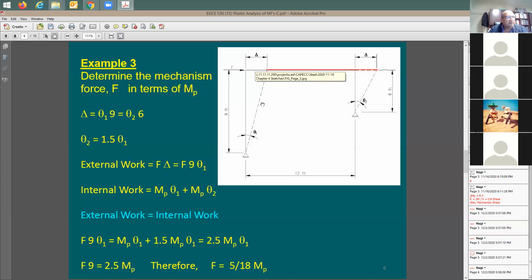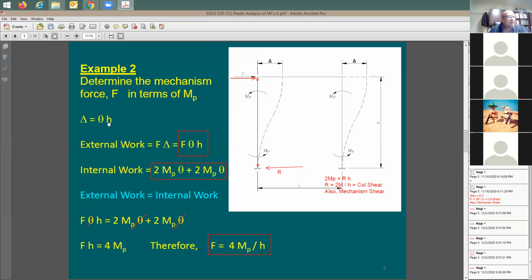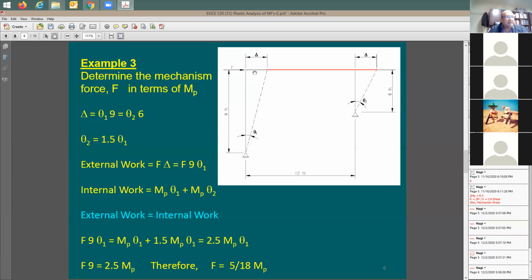This delta here, as we said in the past, is going to be equal to theta times h. So this delta is going to be equal to theta 1 times h1, 9 feet. It's going to be 9 times theta 1. It is also equal to 6 times theta 2. It's the same delta.